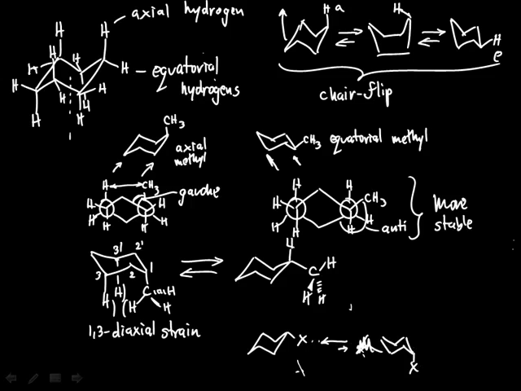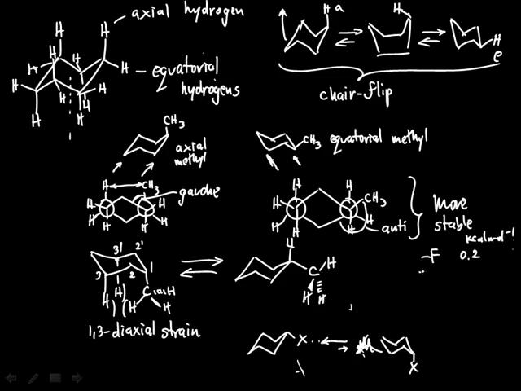That goes without saying, but to different extents depending on their size. If you look at fluorine, it's a small atom, and so in kilocalories per mole, this difference in energy is 0.2.